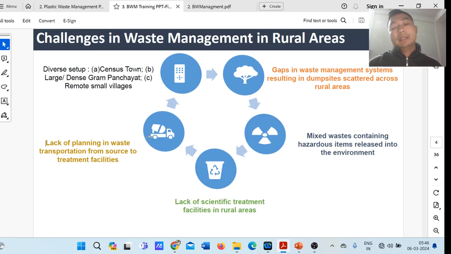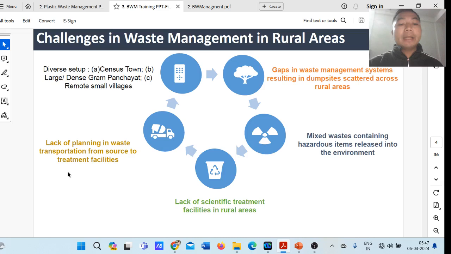Most Indian towns come under rural towns. Even though they are urban in name, practically they are semi-rural, semi-town only, so they come under rural India. So lack of planning in waste transportation and collection strategies is still lagging behind.